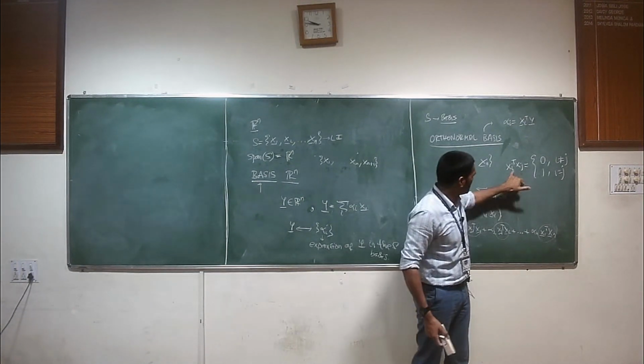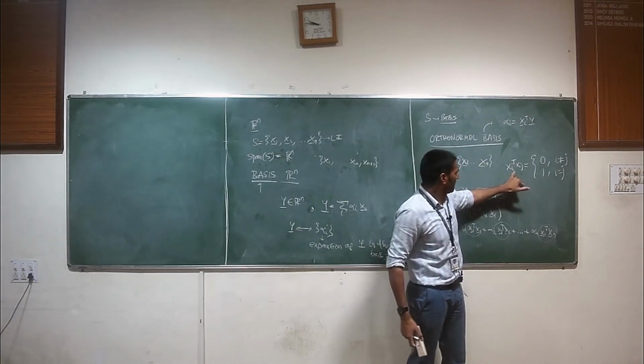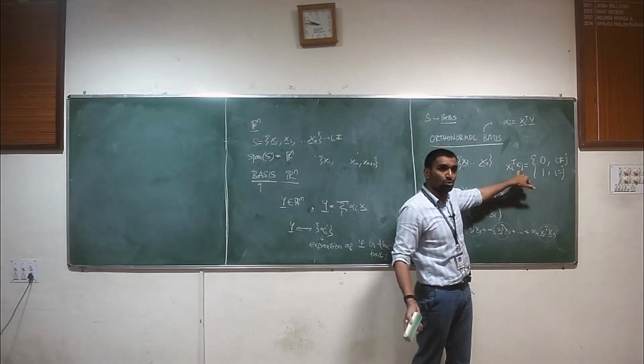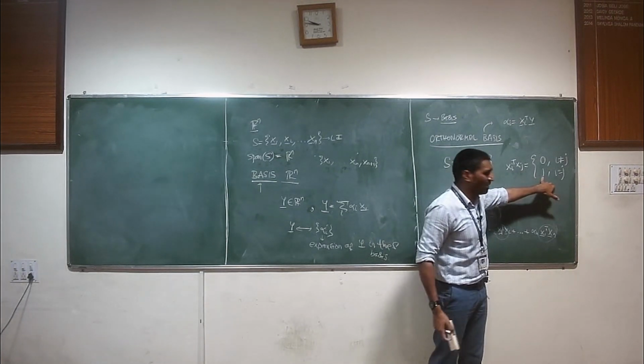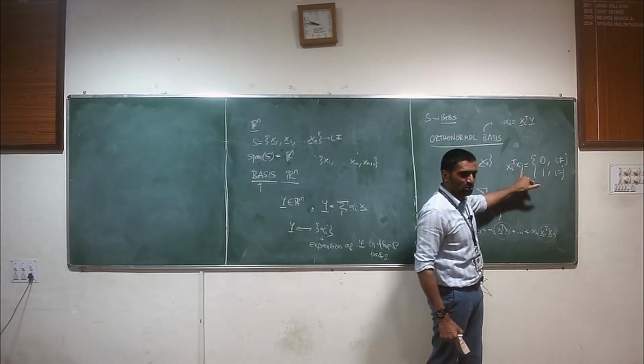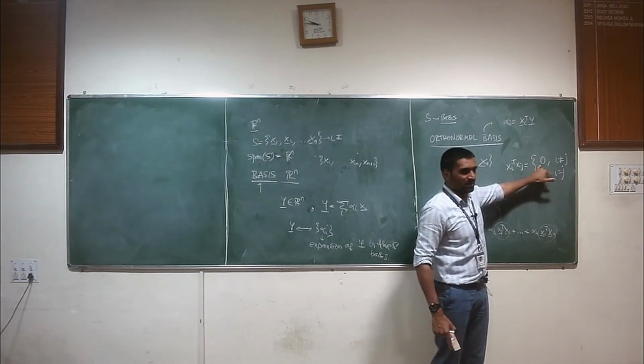That is what is captured by this expression. If i is equal to j, xi transpose xi is simply the 2 norm of the vector, which is 1 because it's of unit length. But if i is not equal to j, it will be 0.